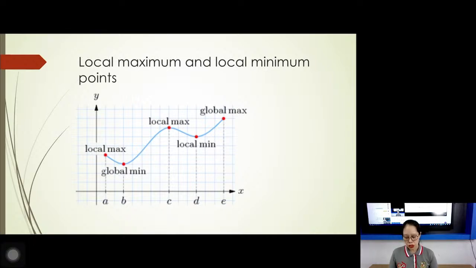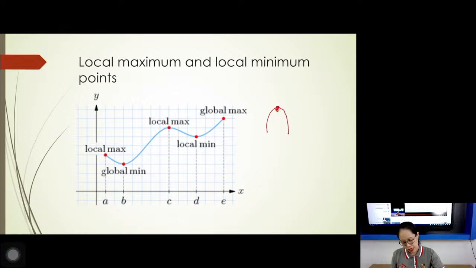We have here our graph or our illustration for local maximum and local minimum points. So how do you know whether the point is maximum or minimum? Of course, we know the meaning of maximum, right? Maximum are the highest and minimum are the lowest. So you must identify your maximum if you have a concave.